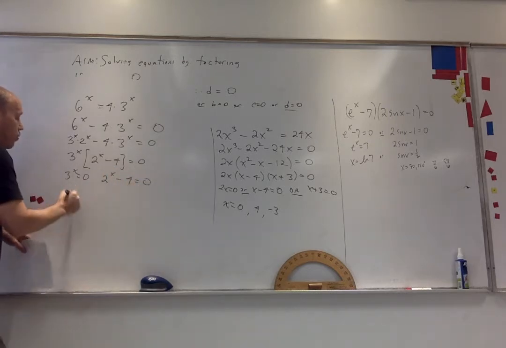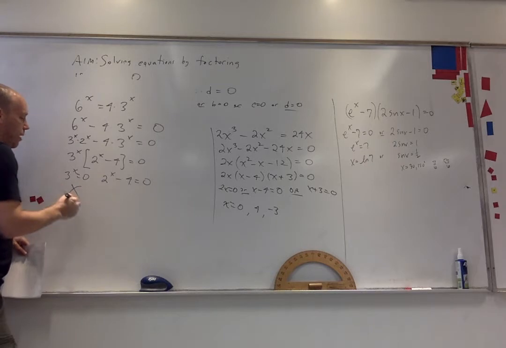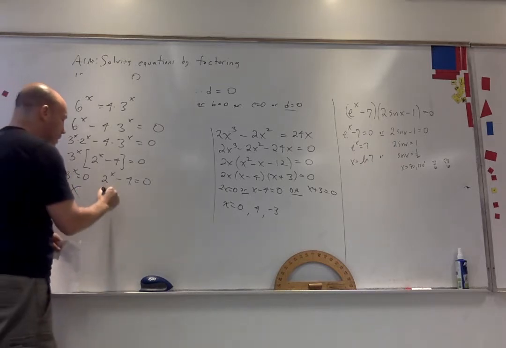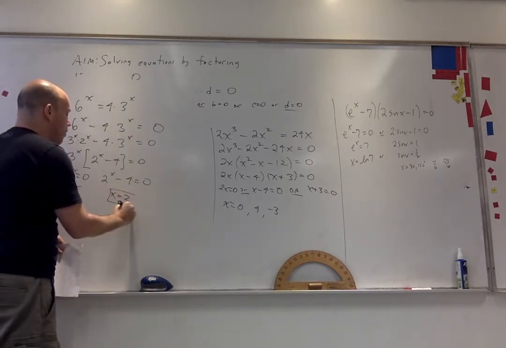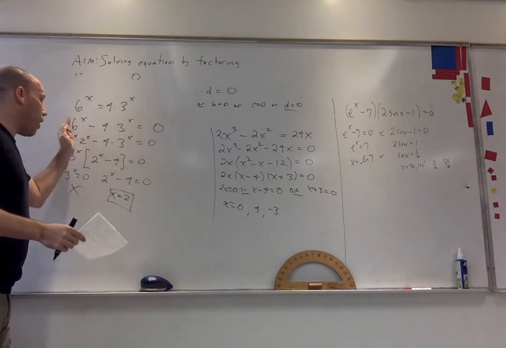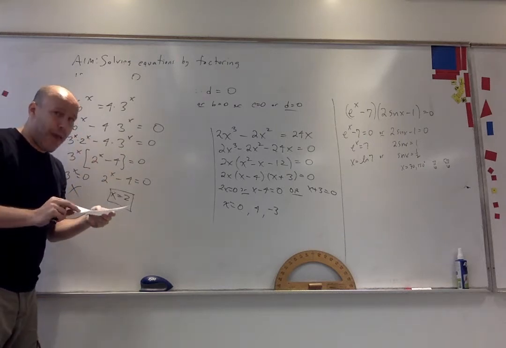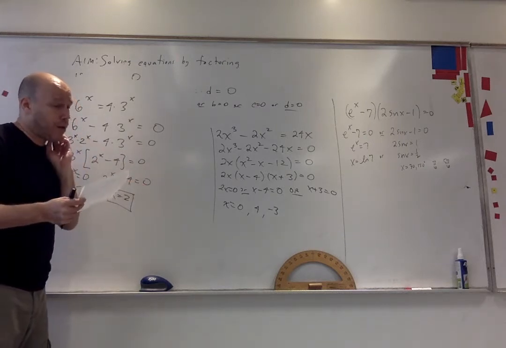I know by inspection there's no answer here. And for this, x equals 2. So there's only one answer. But the idea is, set it equal to 0, try to factor out a common term, and then set them equal to 0.